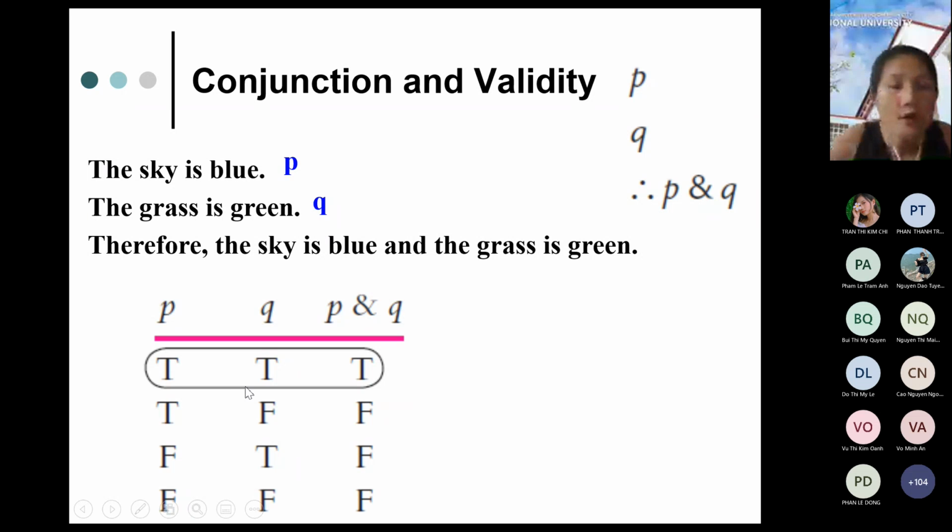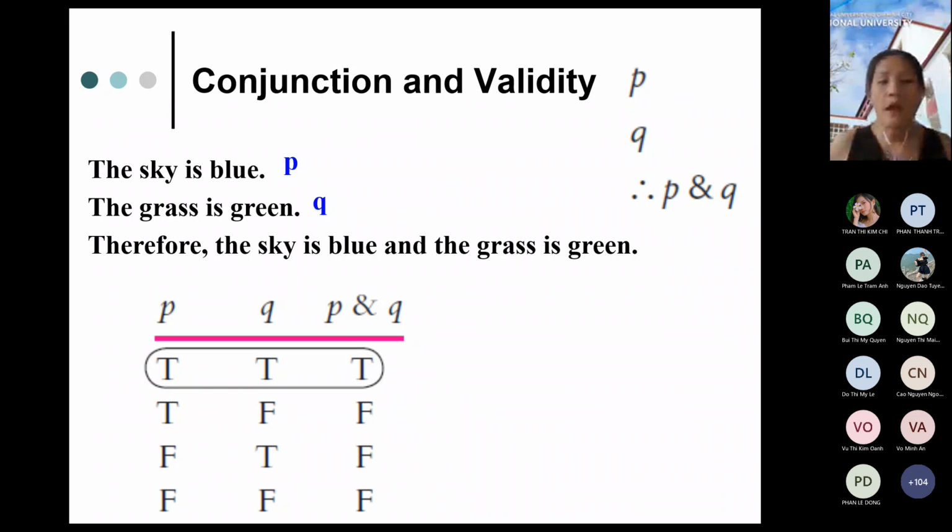So only in the first row, true and true becomes true. In the remaining cases, the conjunction is false. So how are we going to fill in column 3? We apply the conjunction rule. How are we going to fill in the previous 2 columns? We use the systematic way of filling the columns for the variables. Got it? Then you are done making the truth table.